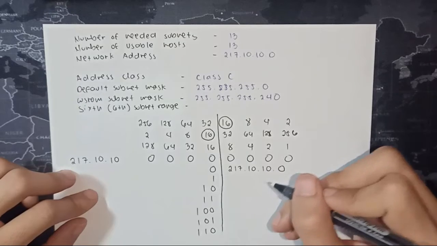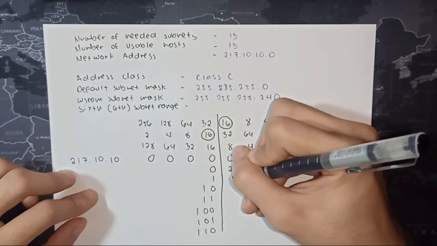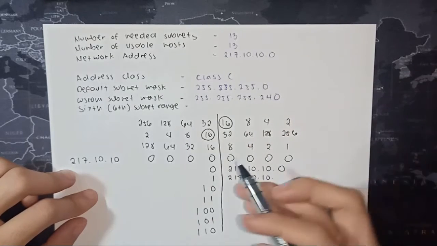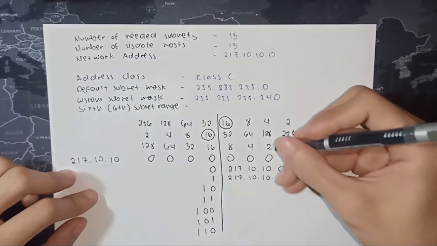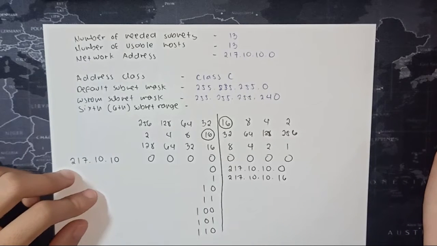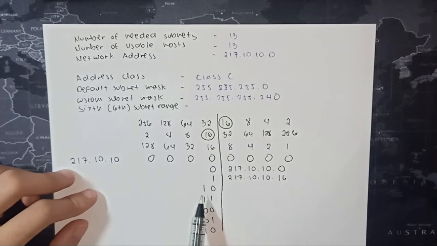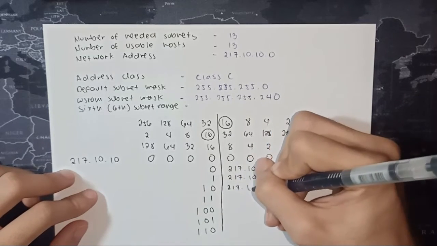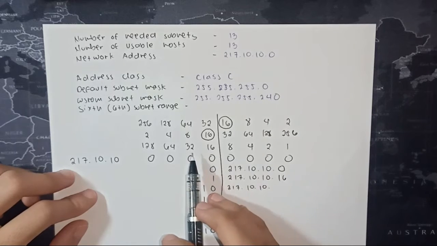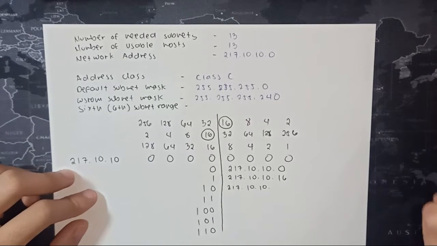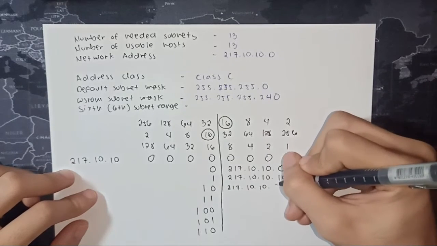So in the next step, just follow it here. 16 times 1 equals 16. Then the next thing is here, write it again, then 32 times 1 is equal to 32, then 16 times 0 equals 0. Just add the value, so it is going to be 32.